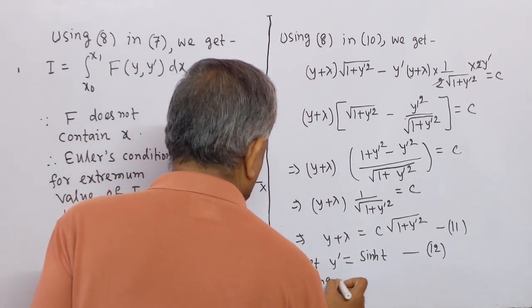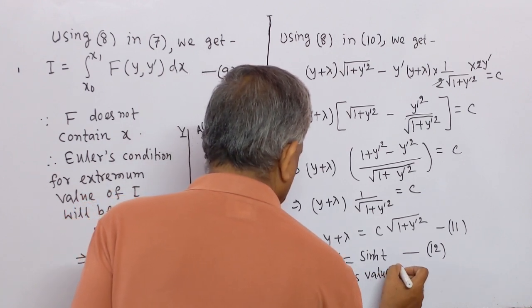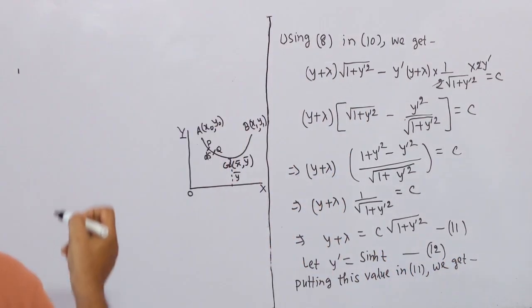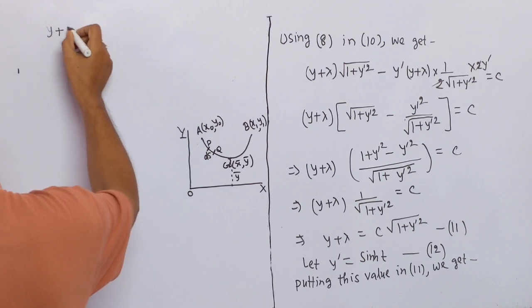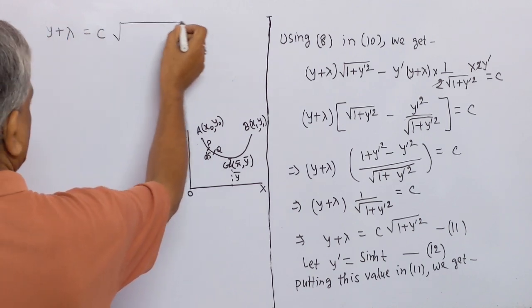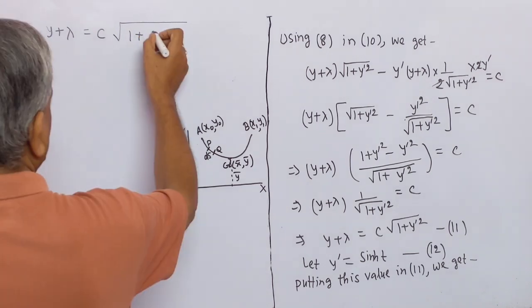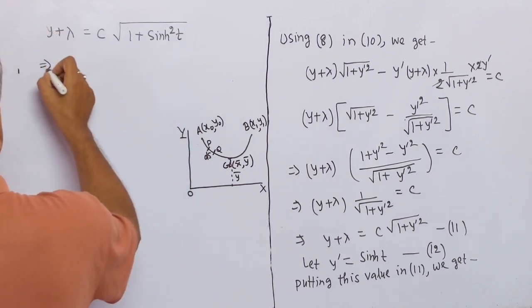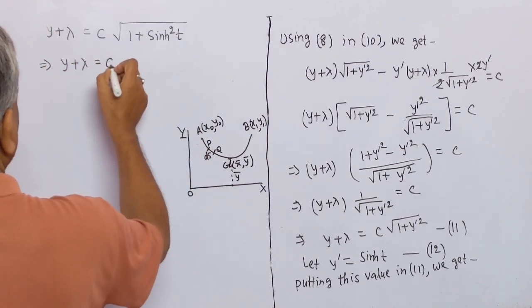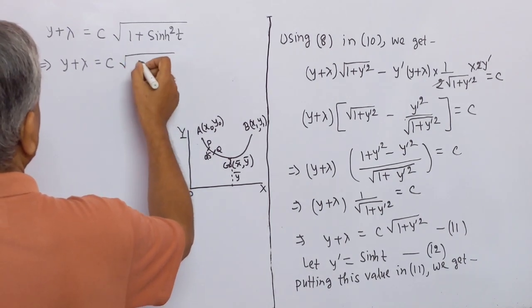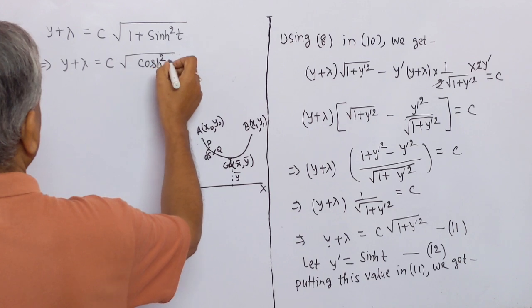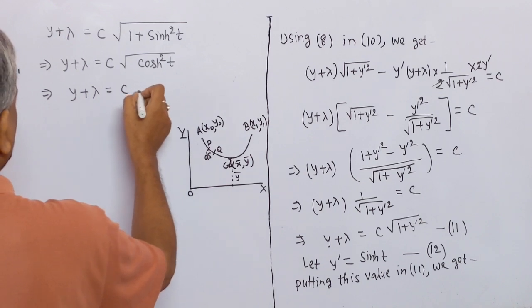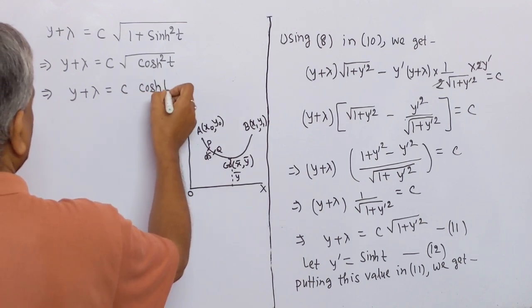Putting this value in 11, we get y plus lambda equal to c square root 1 plus sinh square t, implies that y plus lambda equal to c square root, this is cosh square t, implies that y plus lambda equal to c cosh t.